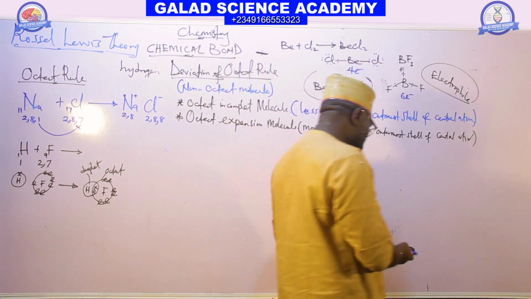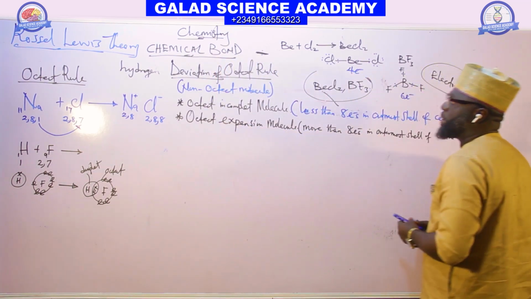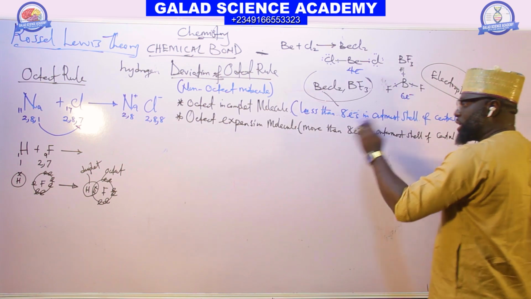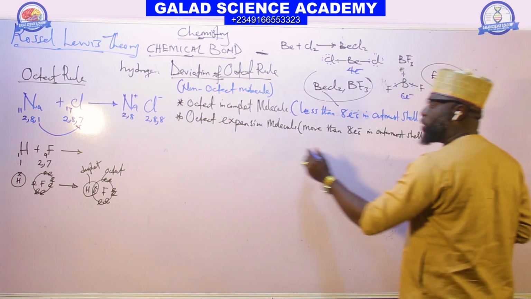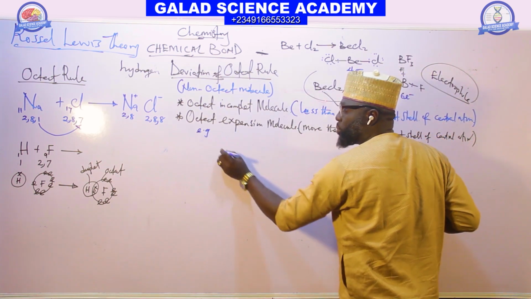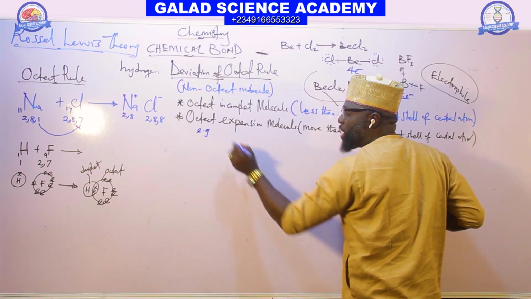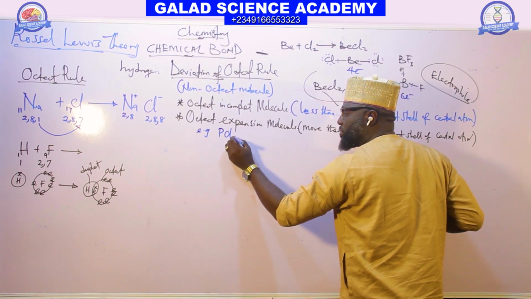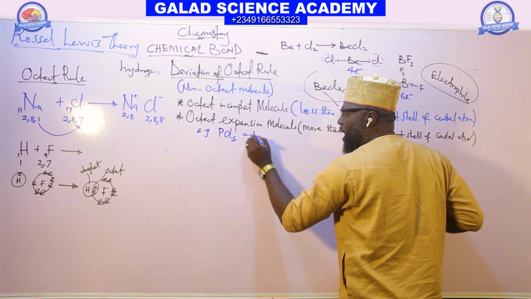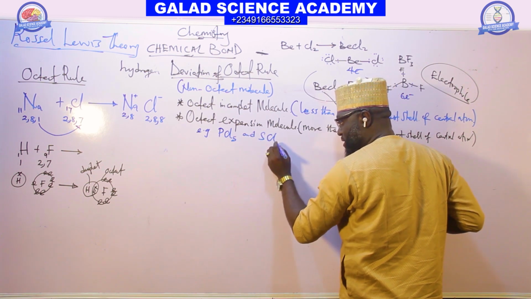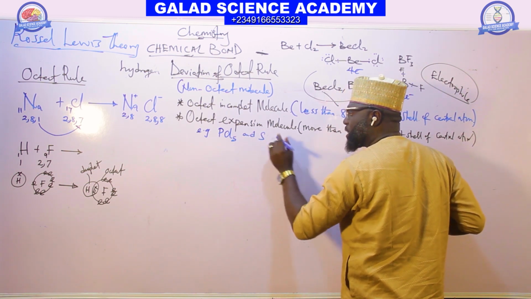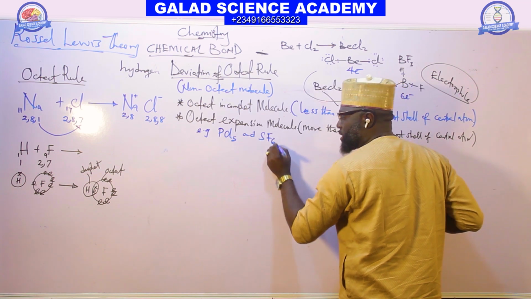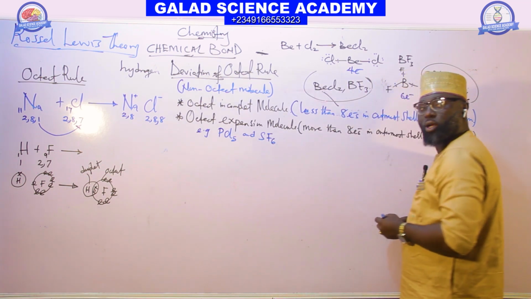And we have 2 molecules as good examples of octet expansion molecules. We have PCl5, and we also have SF6.